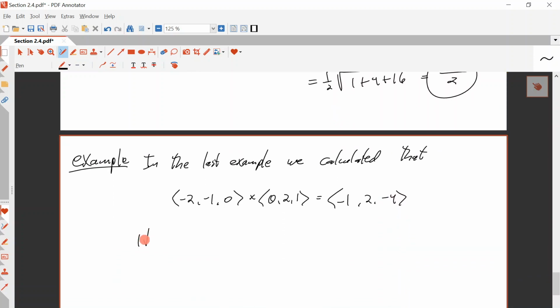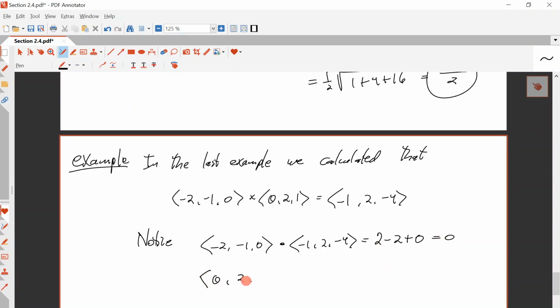Notice that minus 2, minus 1, 0 dot product minus 1, 2, minus 4 is equal to 2, minus 2, plus 0, which is 0.